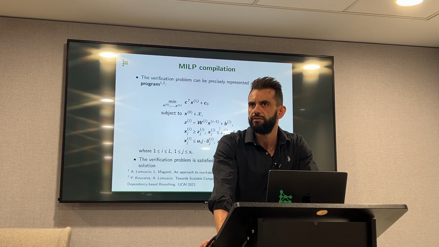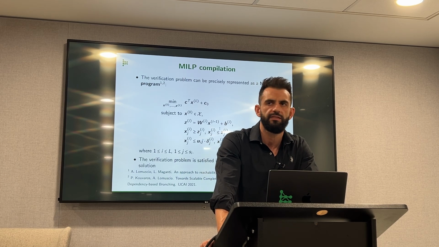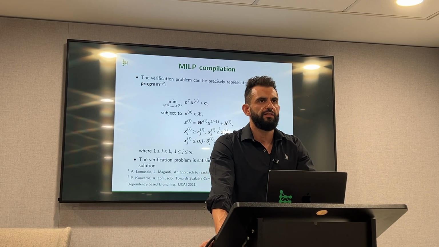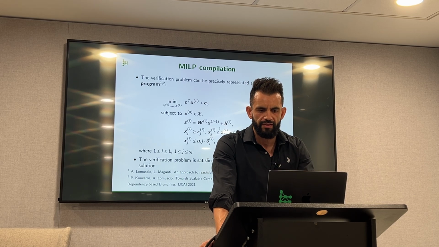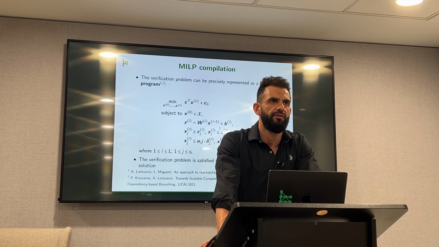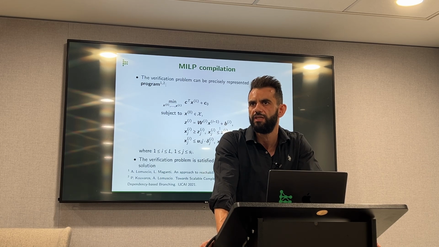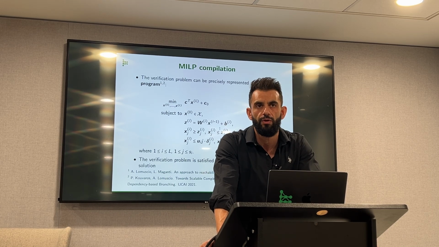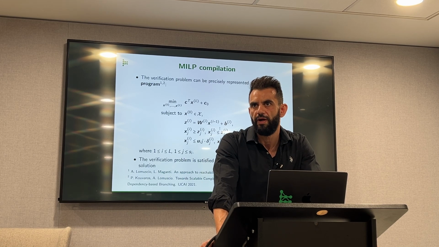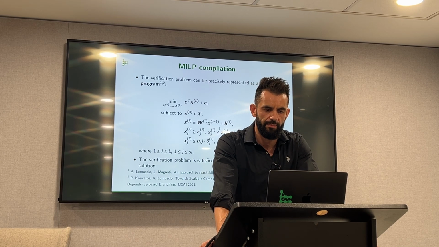So a verification query can be encoded precisely as a mixed integer linear program. I will not go through the details of the encoding. I will just point out that the encoding uses the bounds for the input to the ReLU function, and the more precise these bounds are, the tighter the encoding will be, and the more efficiently the solver will run to solve the resulting MILP program.